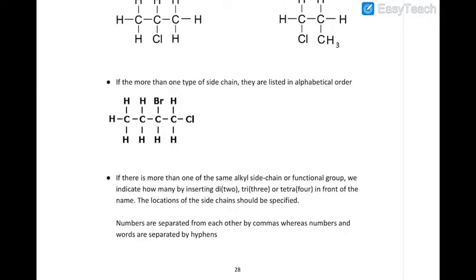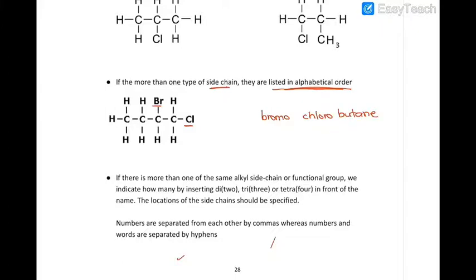Now, if you have more than one type of side chain, so let's say you have chlorine and bromine together, so Br and Cl, you could have Br, Cl, and iodine together. We're going to list them in alphabetical order. So we'll have bromo first and then chloro. So this has 4 carbons, so it will be bromo, chloro, butane.